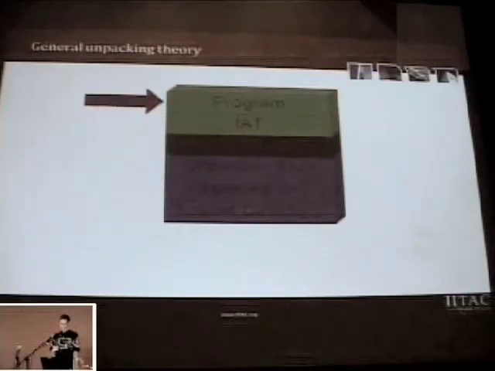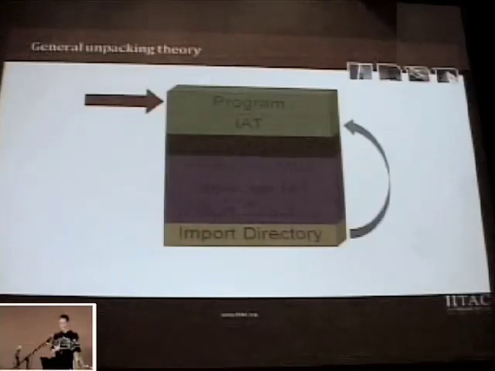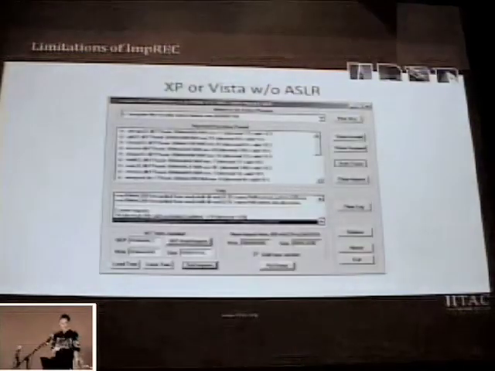Now the program gets decrypted, and execution returns back to the original entry point. This is when we want to jump in. So we dump the program and create a new import directory to tell the Windows loader directly how to rebuild the original import address table without going through the unpacker stub. So let's see the limitations of ImpREC.